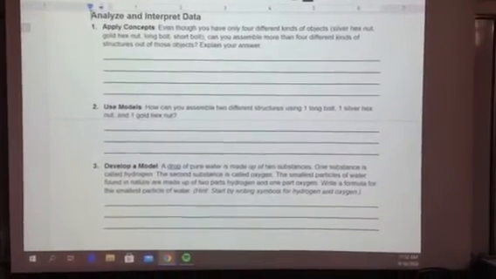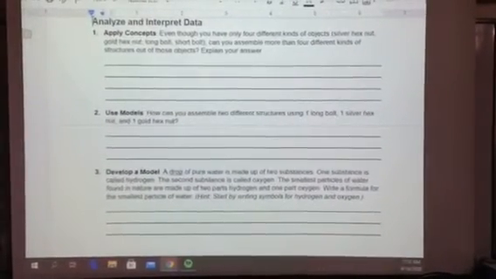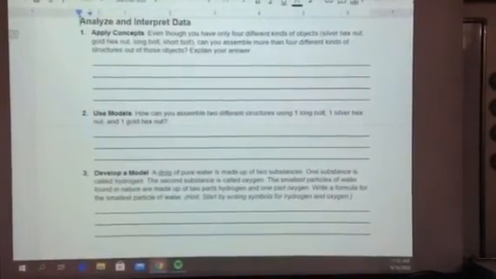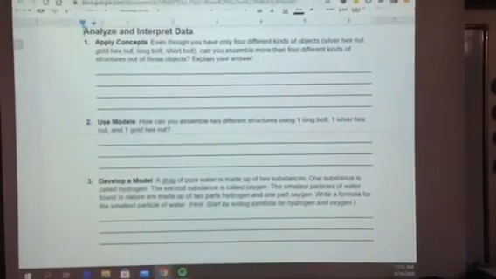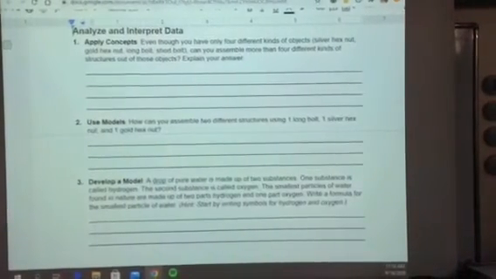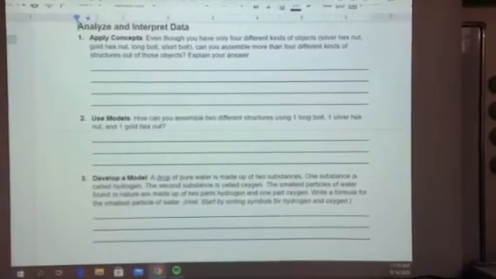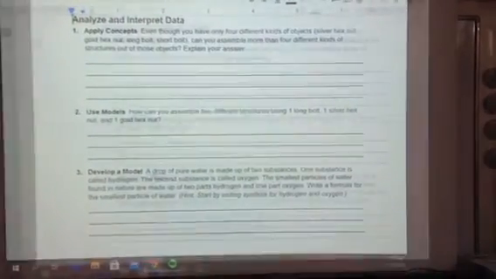Now, notice that it says explain your answer. We are not looking for just yes or no. We're looking for yes with an explanation or no with an explanation. So we're looking for a good, let's say 2 sentences for number 1.